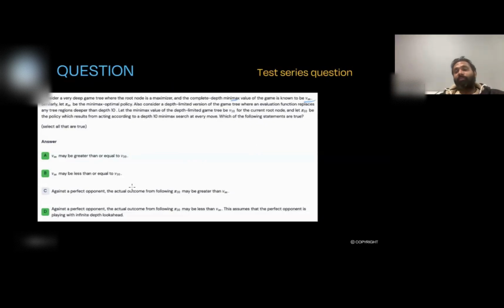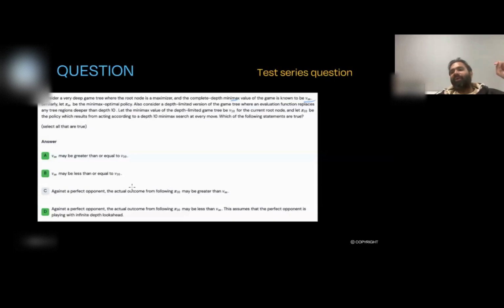Against a perfect opponent. Perfect opponent means he's superhuman. He knows everything. Even if the AI agent doesn't search the entire depth tree, this opponent is searching the entire tree and moving according to the best possible decision. So the best case is you search entirely, but due to the feasibility constraint, you are limiting to depth 10.